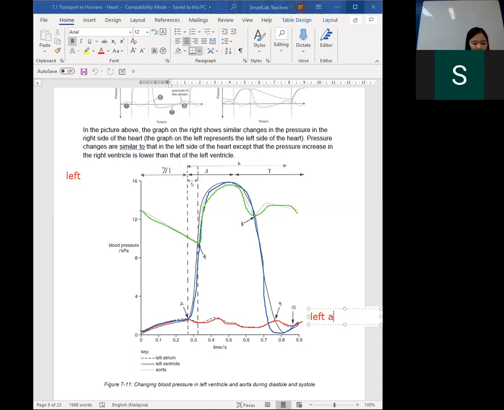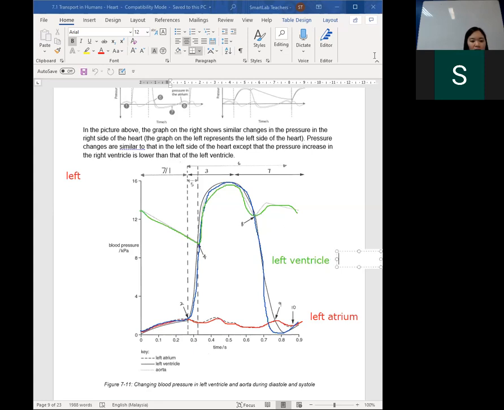Right. The one in blue is the pressure of your left ventricle. The one in green is, oops, I accidentally changed the color.